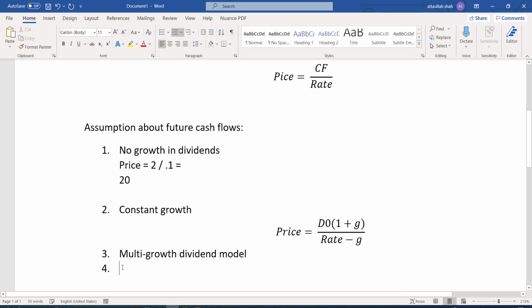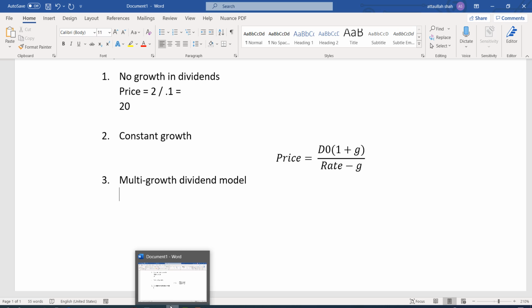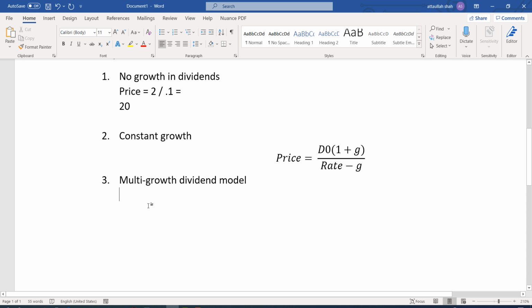So in the first stage, the dividends and the earnings of the company increase at a higher rate, and then either it becomes a constant growth company or zero growth company. So we divide the cash flows of the company into two stages. In the first stage, the company has a higher growth rate, and in the second stage, the company faces either zero growth or constant growth.